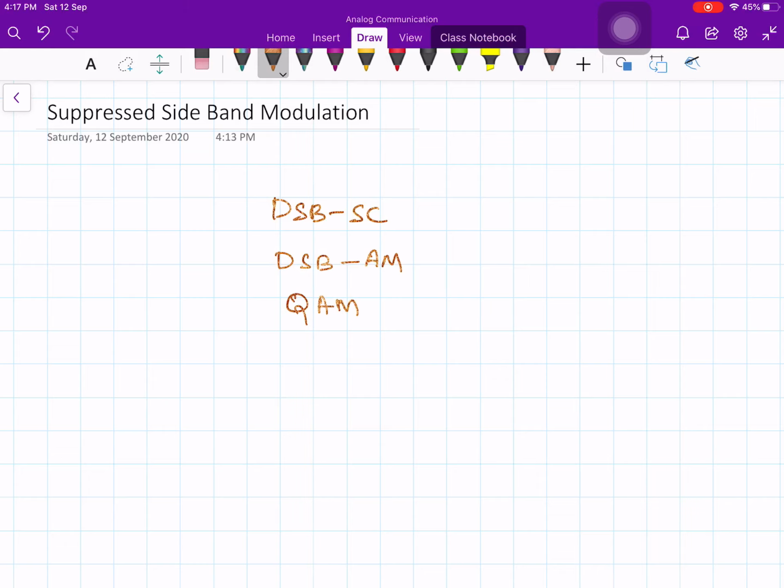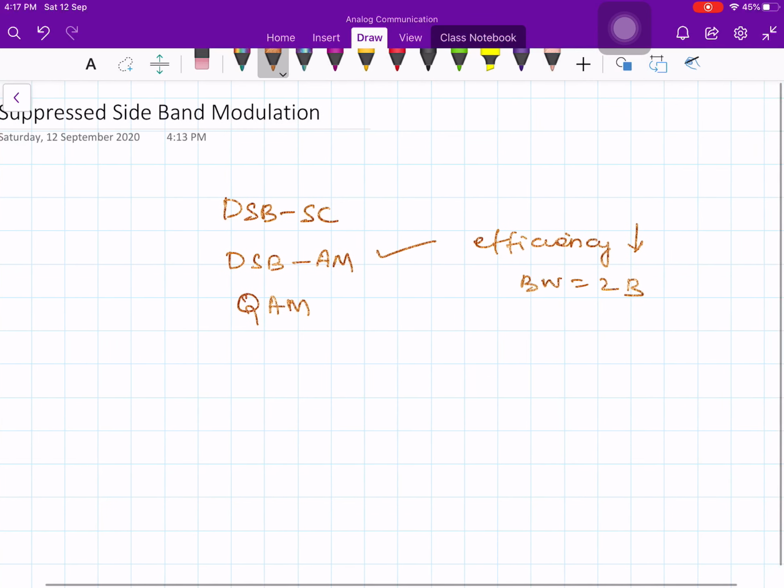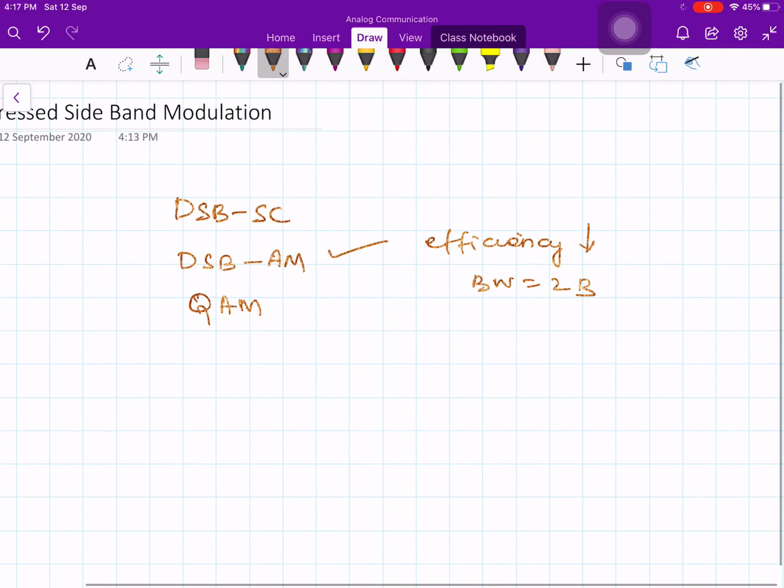Particularly in DSB-AM, efficiency is very less, and the bandwidth is also 2 times that of your message signal. Now one can ask a question: is there any way to increase the bandwidth utilization and also increase the efficiency?